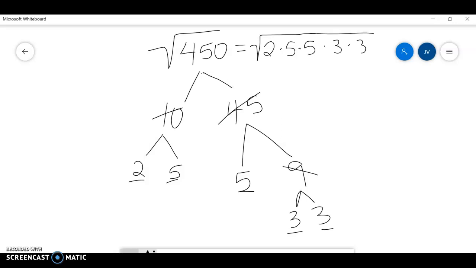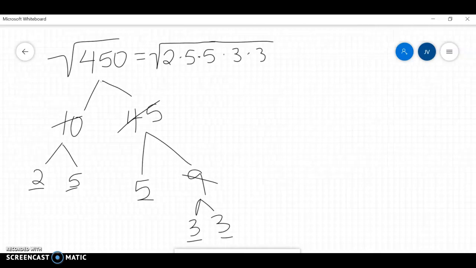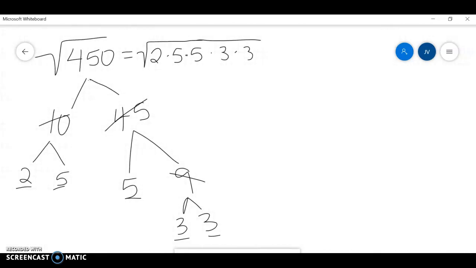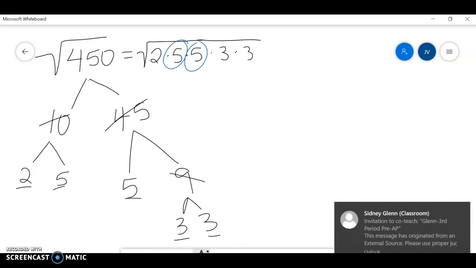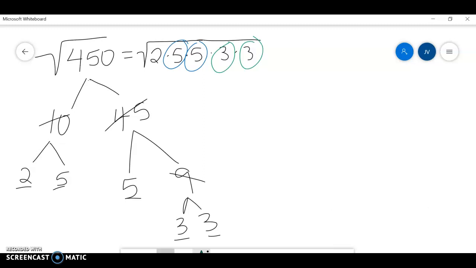How can I simplify this even further? I can go ahead and take out the two pairs of numbers. We have a 5 that match up, and we have the 3 that match up. The 2 does not have a pair, so therefore it's going to stay inside the radical.